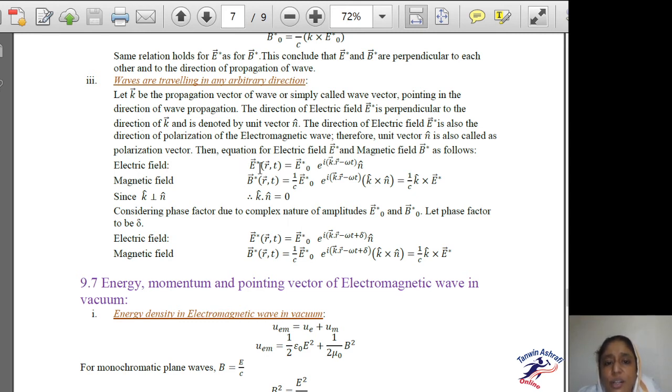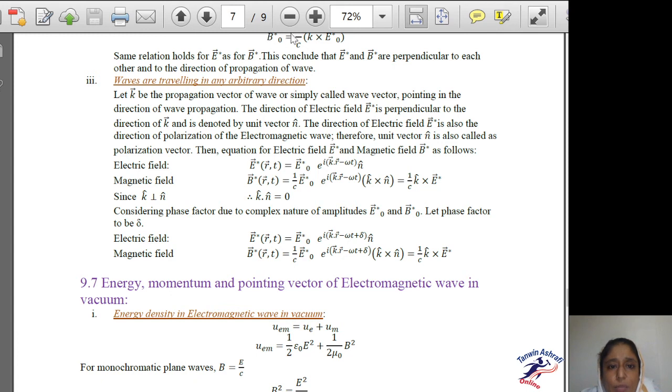Then the equations of the electric field and the magnetic field are shown as follows. The electric field, as we have defined before, is E(r,t) equal to E0 e raised to i(k dot r minus omega t) in the direction of n cap.